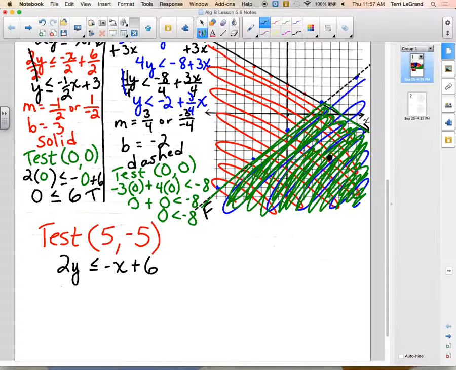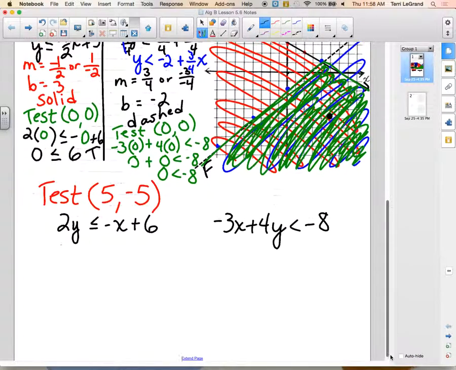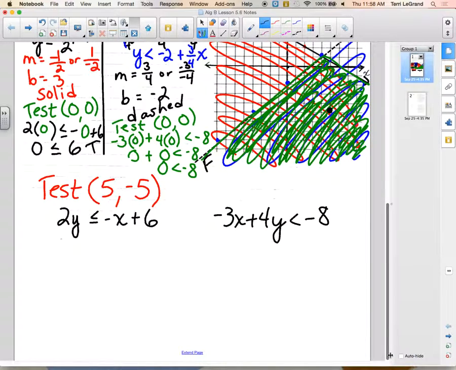And the other one was -3x plus 4y is less than -8. So now we're not testing to decide where to shade. We're testing to see if we have a good solution region. So we're going to substitute in our values from our test point and see what we get.